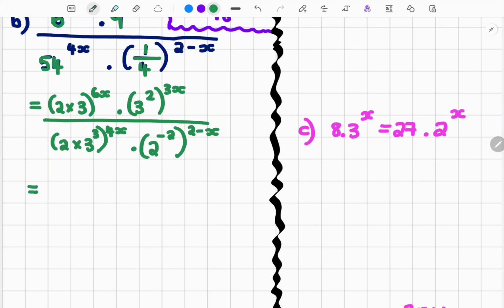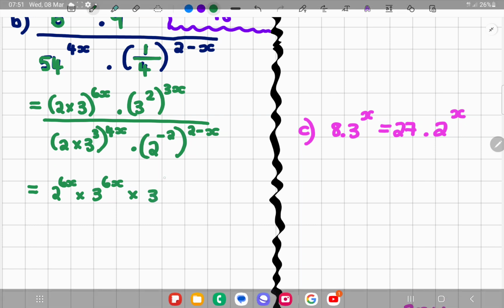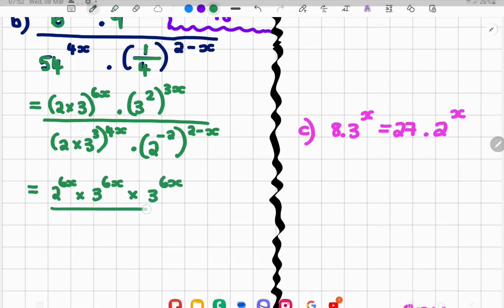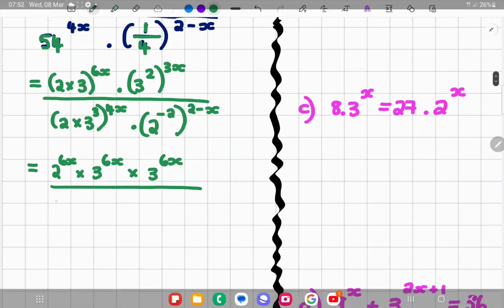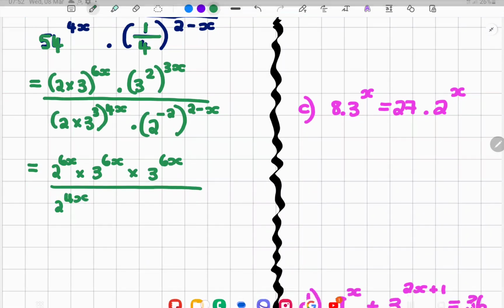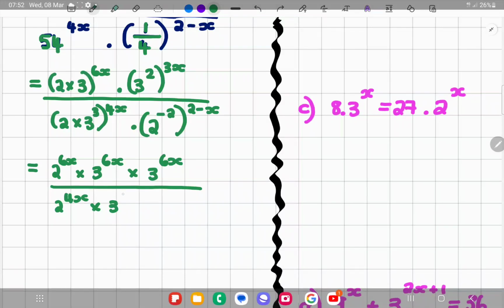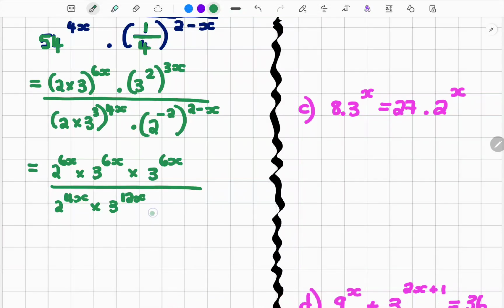Everything inside the bracket is 2 to the power 6x there. So it's 2 to the power 6x times 3 to the power 6x times 3 to the power 2 times 3 is 6x, all over 2 to the power 4x times 3 to the power 3 times 4. A power raised to a further power, you multiply. So 3 times 4 is 12x.